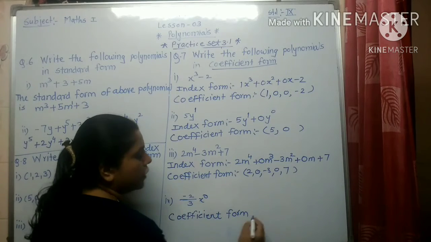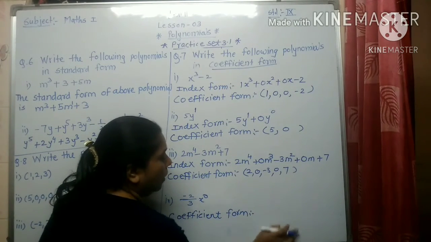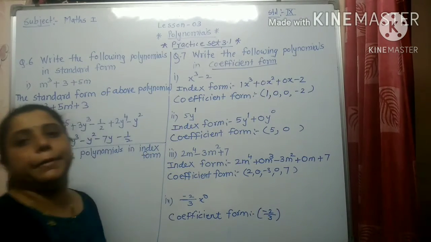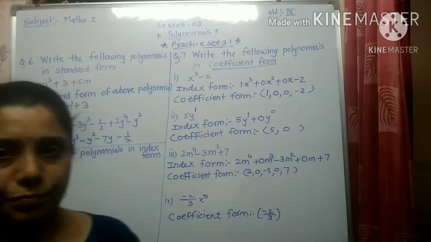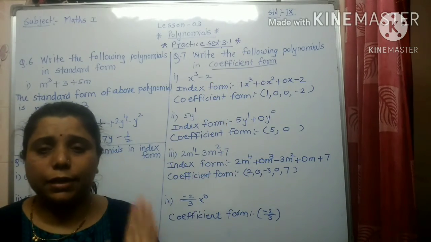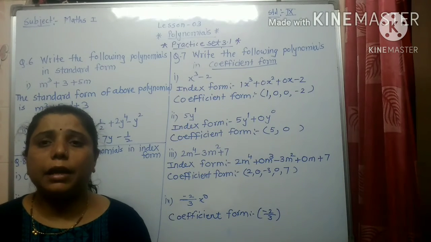So what will be the coefficient? The coefficient form will be, round bracket, minus 2 by 3. Round bracket completed. Understood?